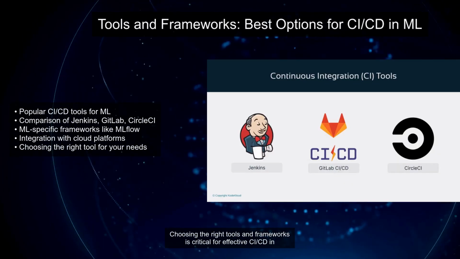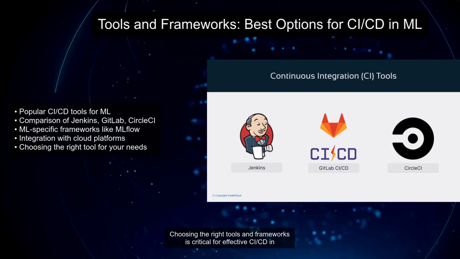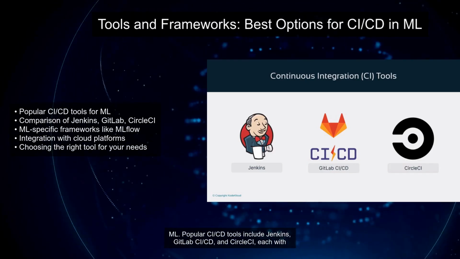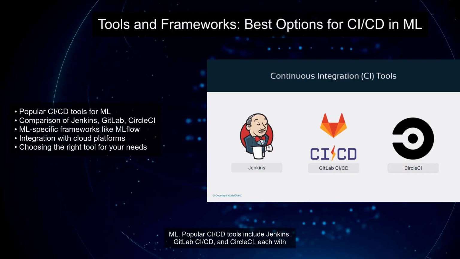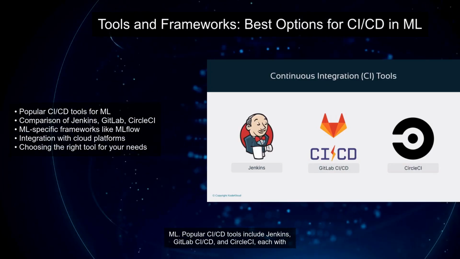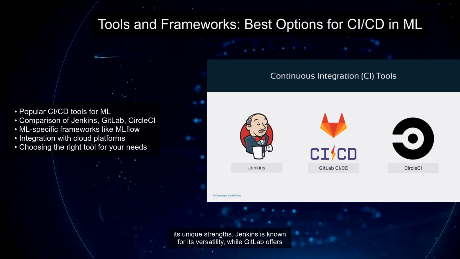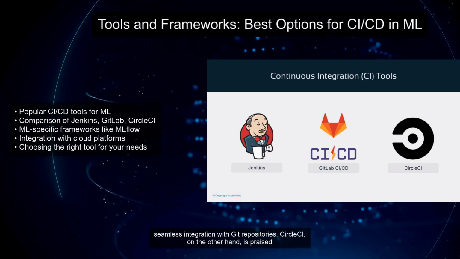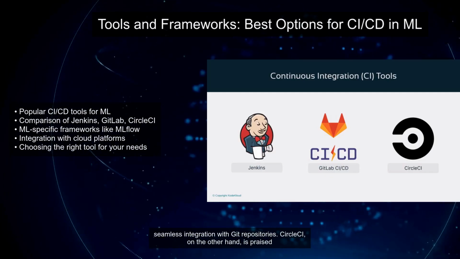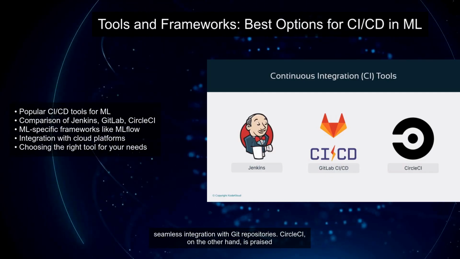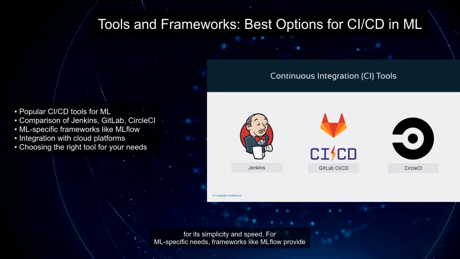Choosing the right tools and frameworks is critical for effective CI/CD in ML. Popular CI/CD tools include Jenkins, GitLab CI/CD, and CircleCI, each with its unique strengths. Jenkins is known for its versatility, while GitLab offers seamless integration with Git repositories. CircleCI, on the other hand, is praised for its simplicity and speed.